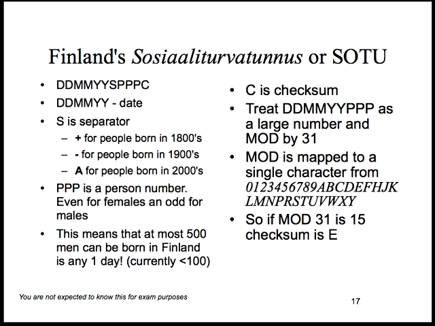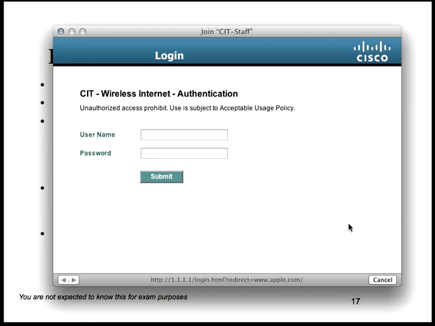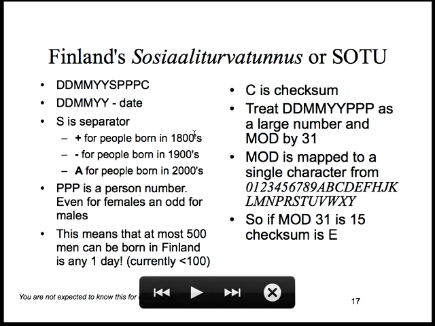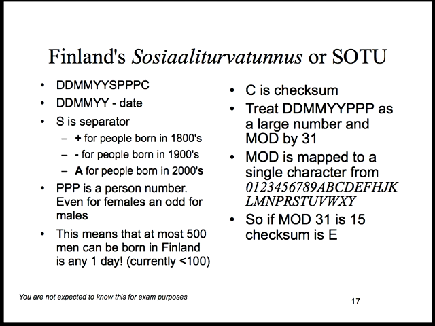If this system was around in the 1960s, of course, then someone who was 70 would have been born in the 1800s.